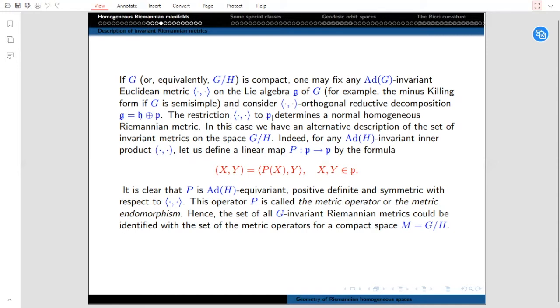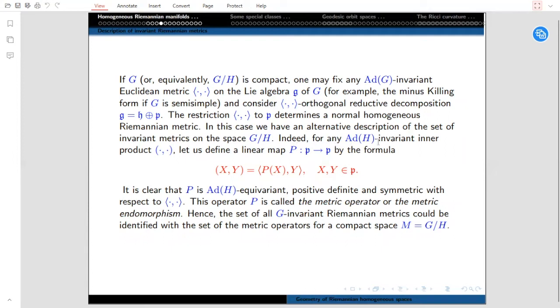This restriction determines some inner product, and consequently some Riemannian metric by the general scheme. Hence, we have a Riemannian metric, and this metric is called normal homogeneous because it is produced by this method as a projection of some bi-invariant metric on the Lie group G. In this case, we have an alternative description of the G-invariant metrics on the space G/H.